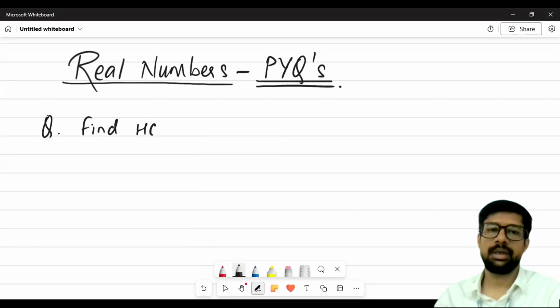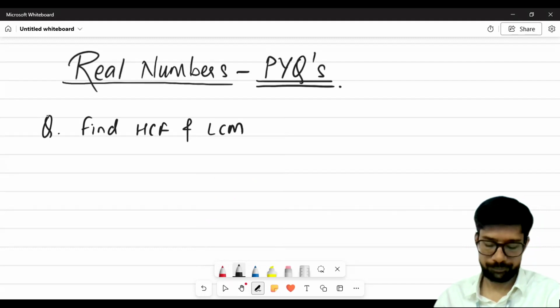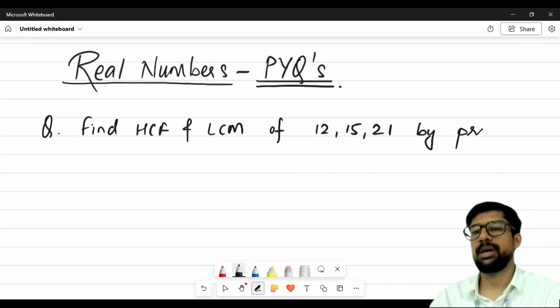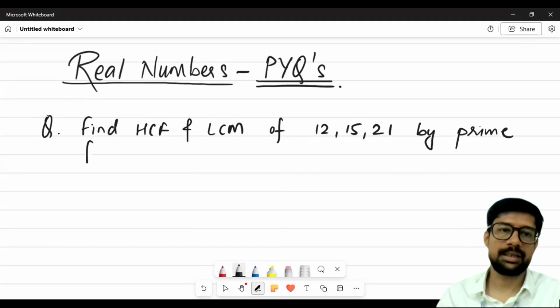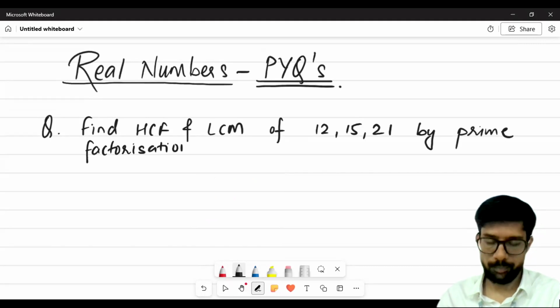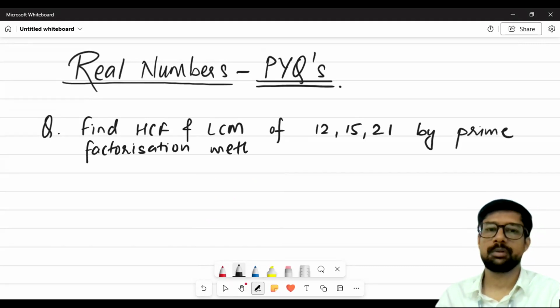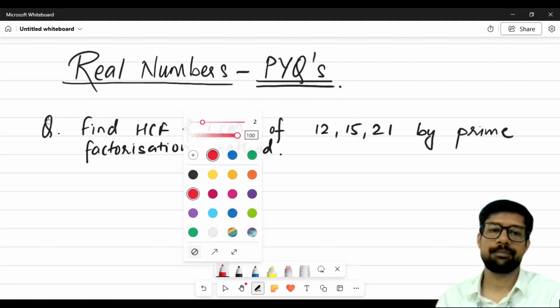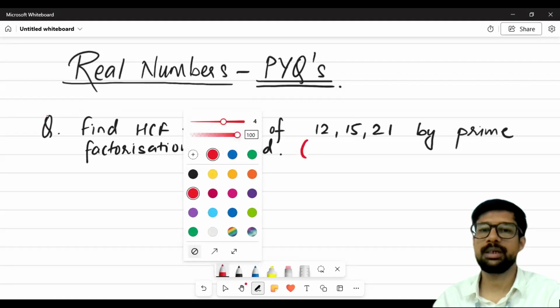Find HCF and LCM of 12, 15, 21 by prime factorization method. Okay. One of the generalized questions asked in CBSE 2020. Asked in the year 2020.